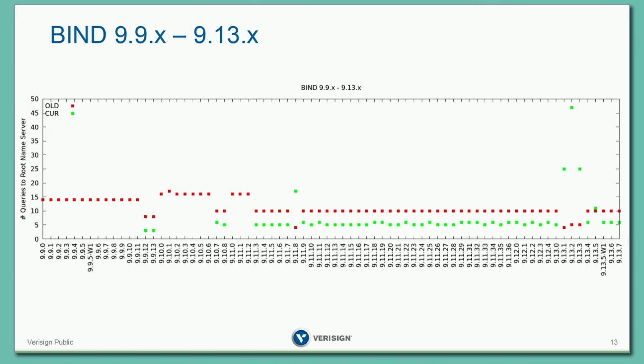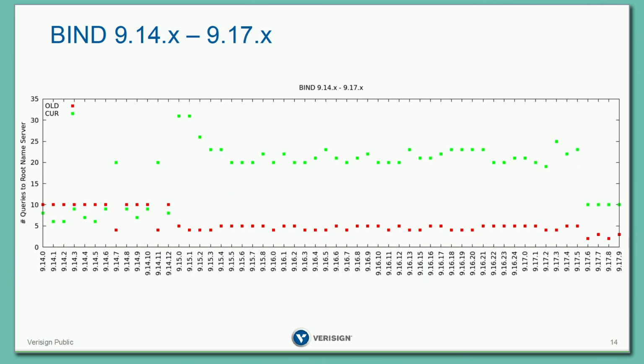From here, I can't quite read it, I think it's 9.9-something to 9.10. We start seeing versions that will do the right thing and start hitting the up-to-date addresses. And then here's the rest. I guess this stopped at compiling versions of BIND 9.17, but all of these work the way that we expect.